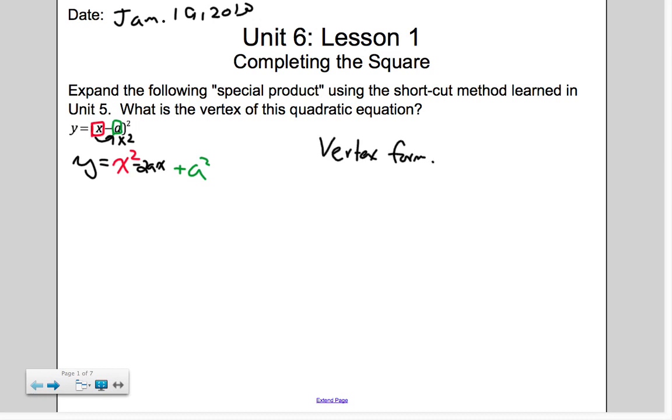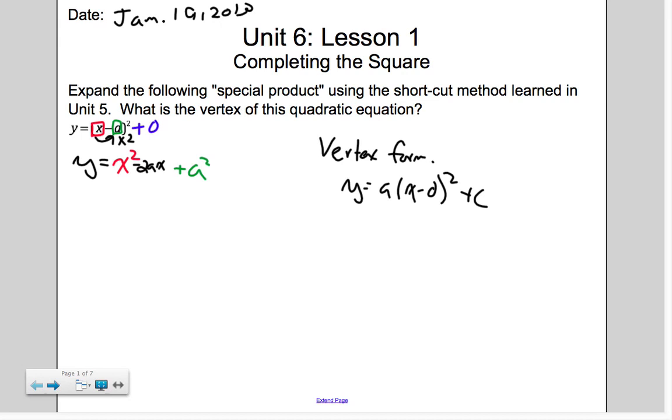It looks something like this. y is equal to a(x minus d) quantity squared plus c. Right? So doesn't that look pretty close? The only thing is that we don't have the plus c, but there's nothing to stop us from putting a plus 0 in here, right? Because adding 0 to something doesn't change it, right? So now we have an equation that's in vertex form.